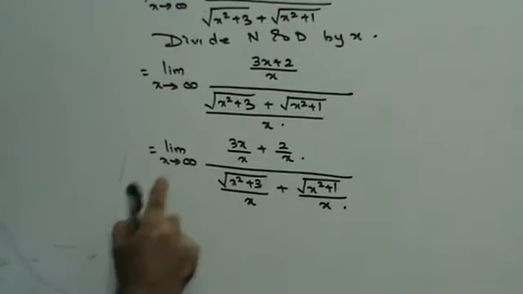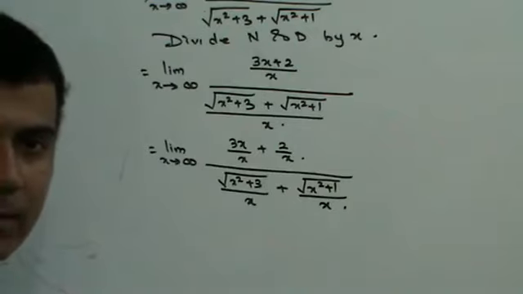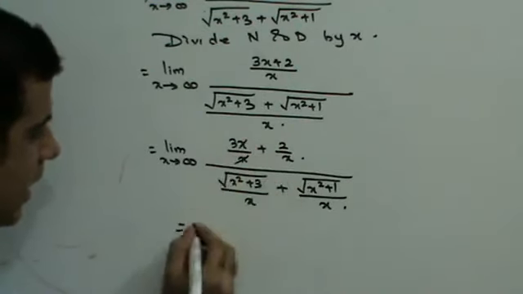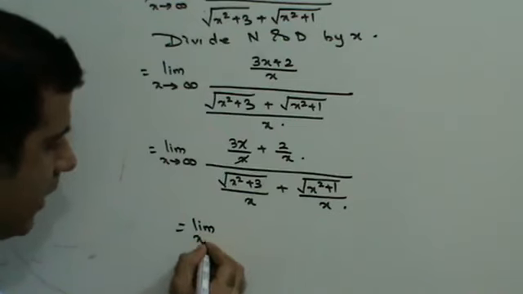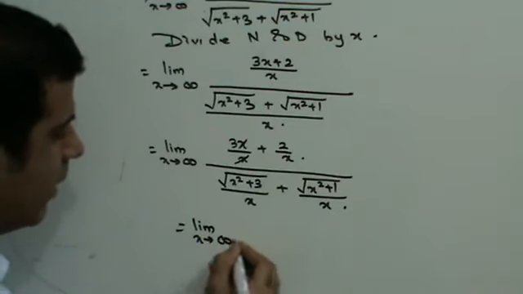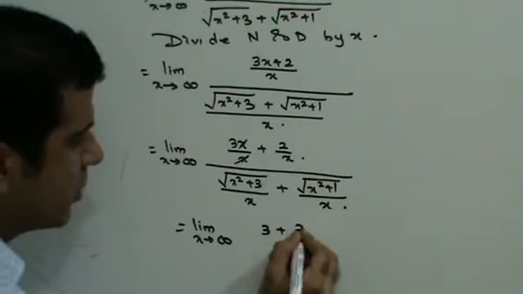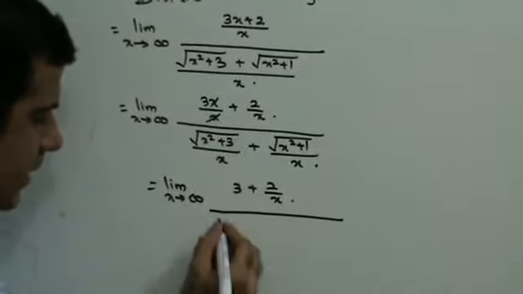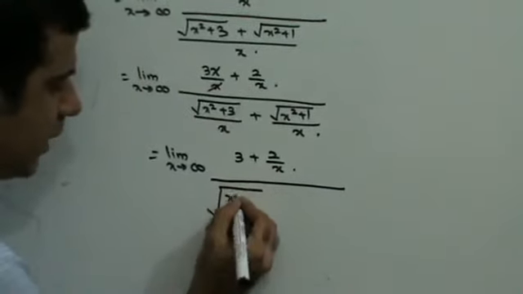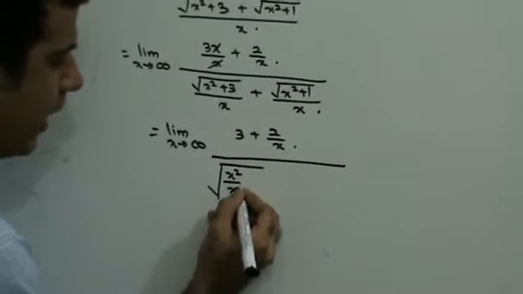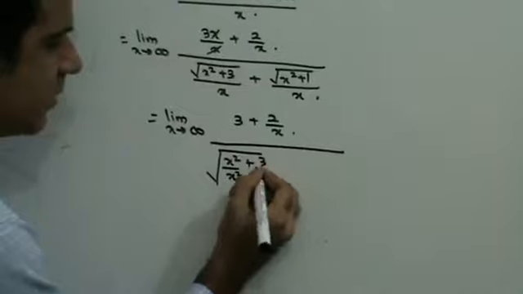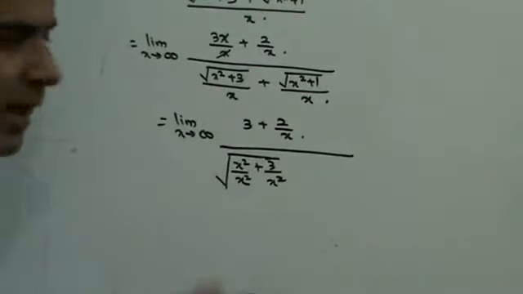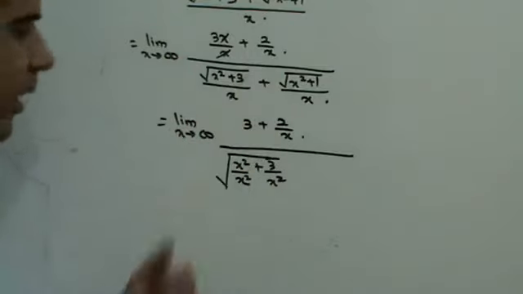Now when I take this x under the square root sign, it will become x square. This can be written as limit of x tends to infinity, 3 plus 2 upon x, upon root of x square upon x square plus 3 upon x square, taking it inside the square root sign and splitting the numerator.